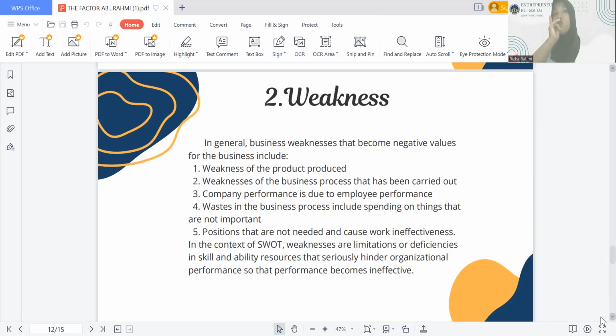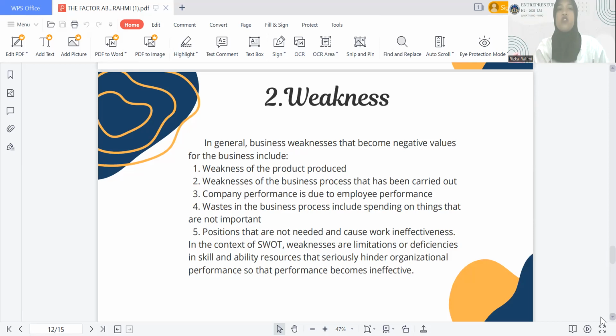Number two, weaknesses of the business process that has been carried out. Three is company performance due to employee performance. The fourth is waste in the business process, including spending on things that are not important. And the last, positions that are not needed and cause work ineffectiveness.